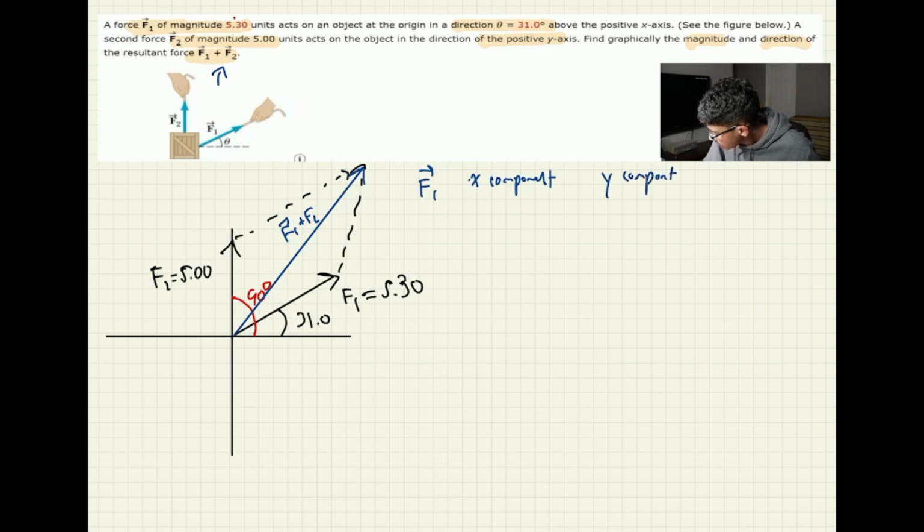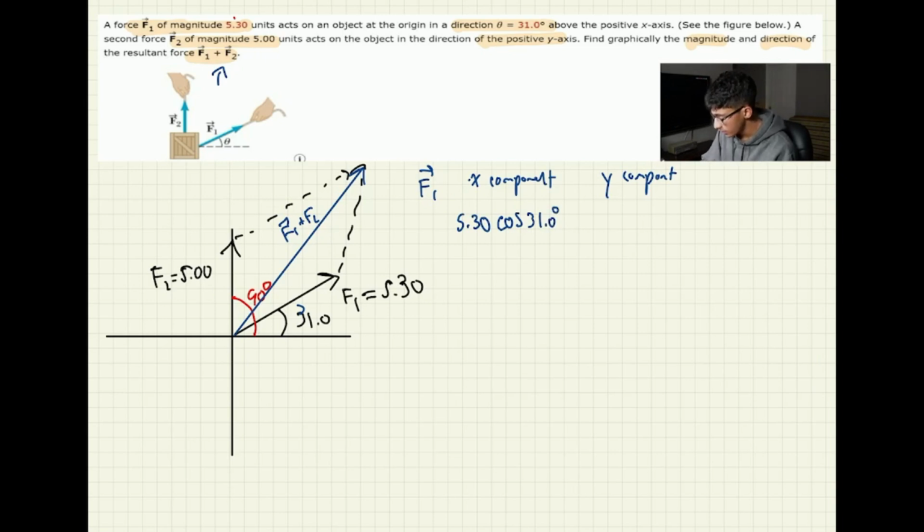And so what that is, I'm going to do it right here. You take the magnitude of F1, which is 5.30, times the cosine of the angle. The angle was 31.0 degrees.